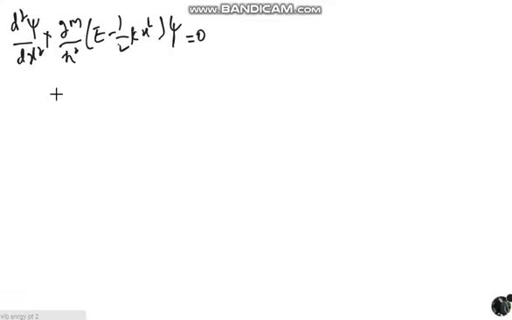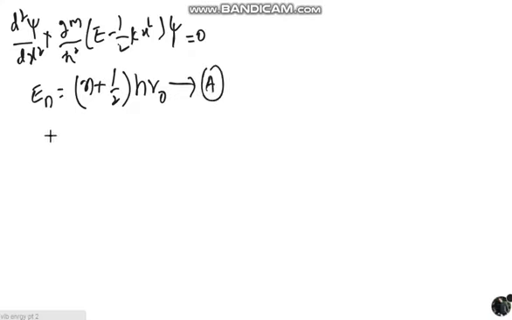The solution of this equation is E n is equal to (n plus 1 by 2) into h mu naught. This is the solution of the Schrödinger wave equation for the simple harmonic oscillator, and we call it equation A.